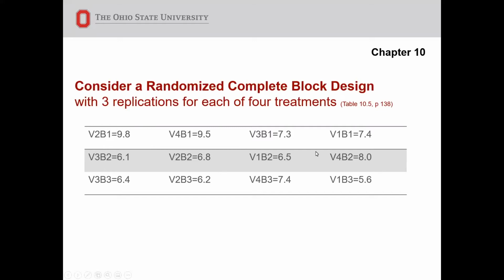Likewise, the 4 treatments are re-randomized in the second block, denoted block 2, and finally a third randomization for the third block. These are the data that we'll use for calculations for this particular example.